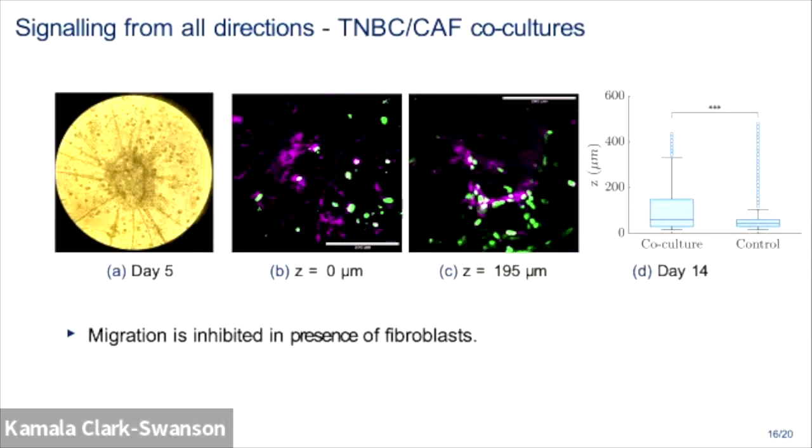The fibroblasts mixed with the cancer cells and invaded the matrigel, and as you can see on the last box plot, in the co-cultures the cancer cells maintain elevated positions with respect to the control experiments that we saw before. So the migration was reduced or inhibited in the presence of fibroblasts.